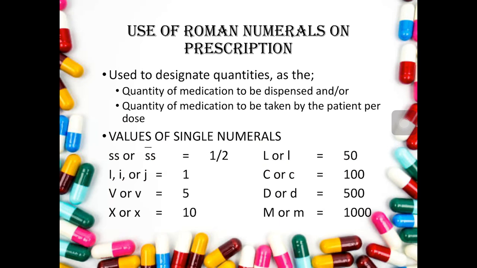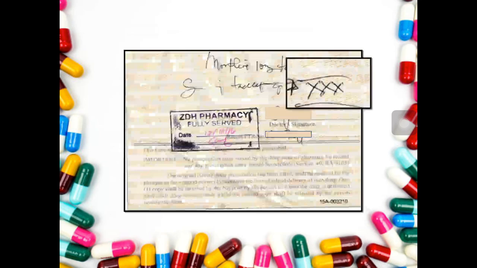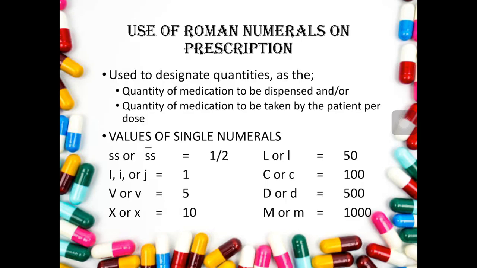Capital or lowercase may be used. Dotting the lowercase i or placement of a horizontal line above the letter, with the dot atop, serves to avoid misinterpretation. So for this one, we usually put a dot, or sometimes this is represented by letter J. In this example, this one is a triple letter X. So this means that in this prescription, you should dispense how many?